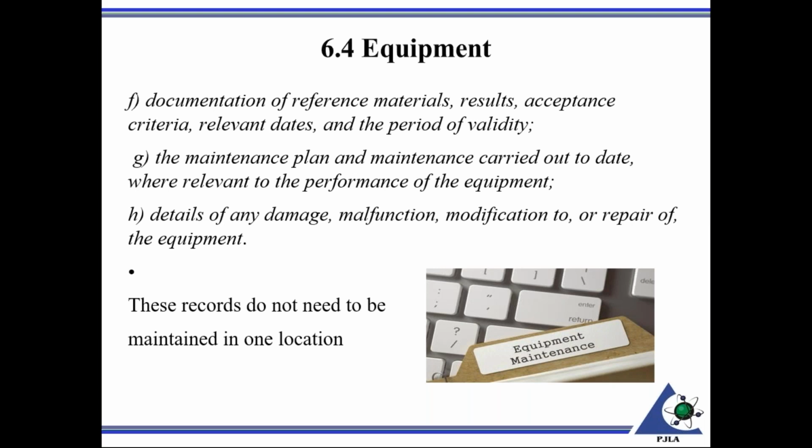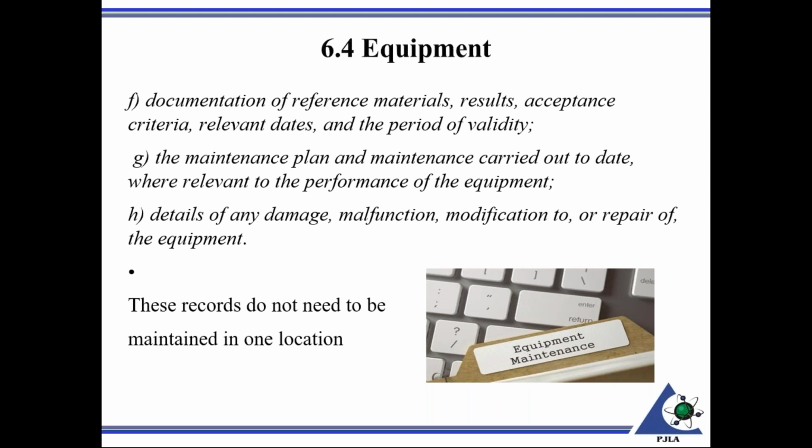Same with the reference material. Results from the reference material reports, accepted criteria, relevant dates, and period of validity. Once you break a seal on reference material, often that starts the clock running on the period of validity that the reference material can be used for.